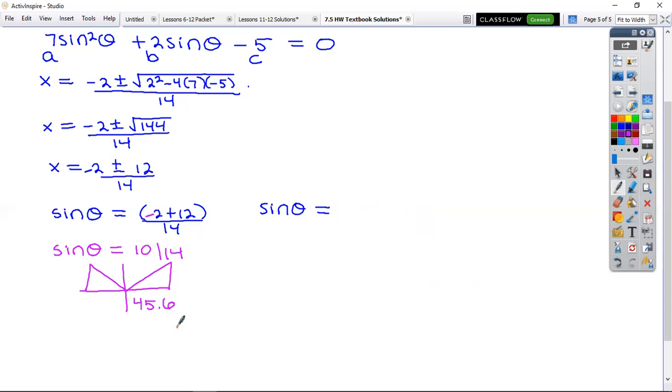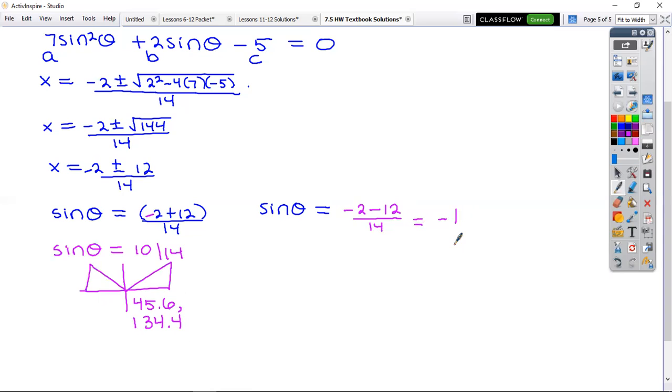Which means that our other answer is 180 minus 45.6, which was 134.4. Okay. Over to this side. Be careful here. -2 minus 12 over 14, which is equal to just -14 over 14, which is -1.